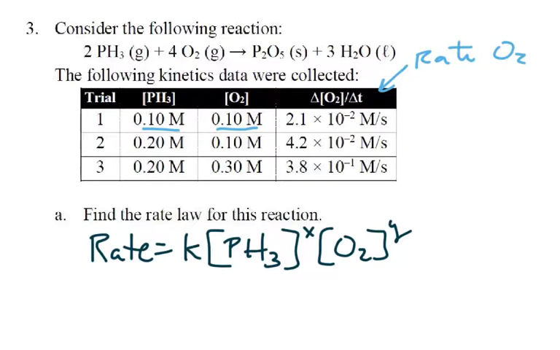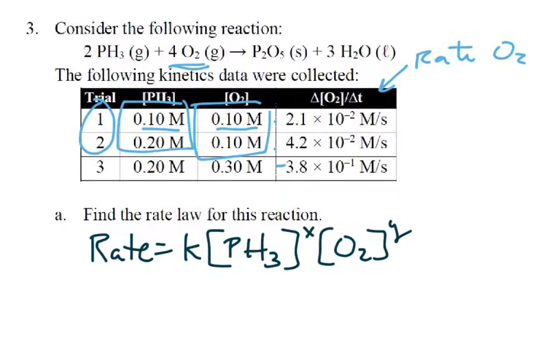Now in this case we don't really need to put in a negative sign because we know that this stuff is disappearing. Now if we take 1 and 2 and compare those, oxygen is not changing at all, so any change in the rate must be due to the PH3.